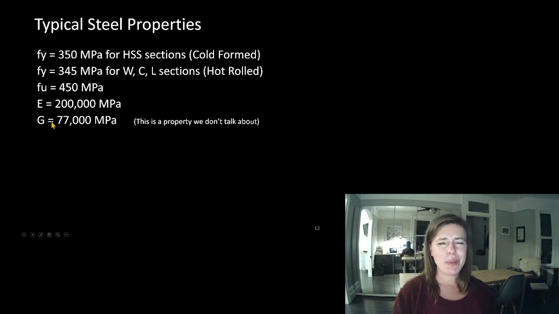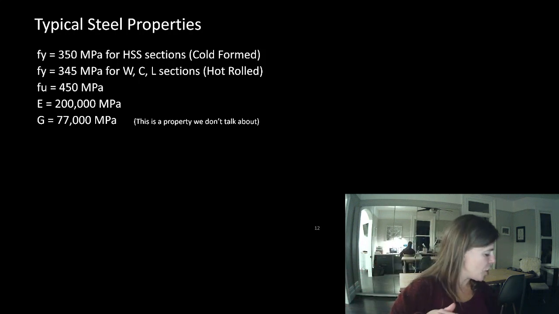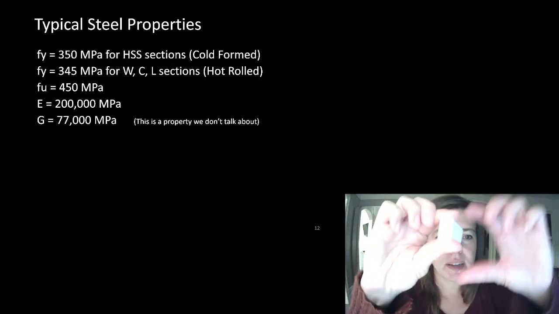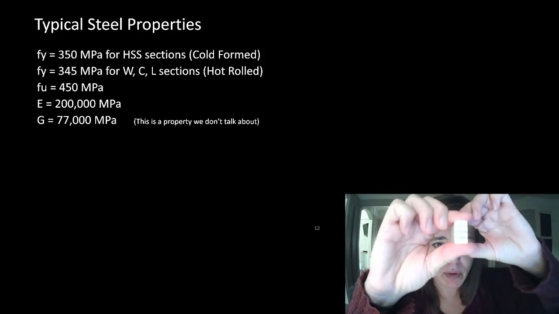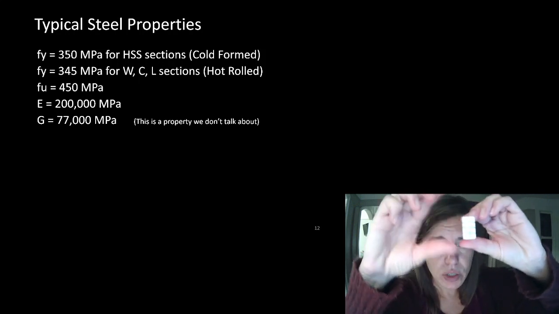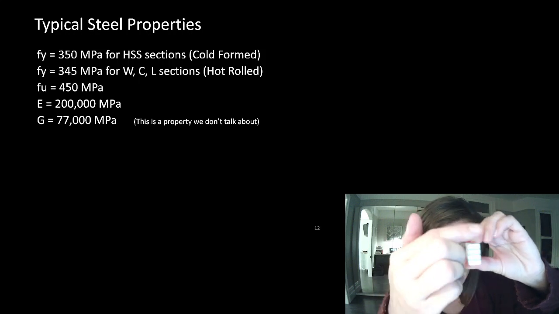G is a really weird property that has to do with the fact that as much as I've told you that when we're talking about strain, things just deform, G has to do with the fact that if this is my eraser, when I squish it, I've squashed it down, but I get a tiny little bit of bulging on the side.